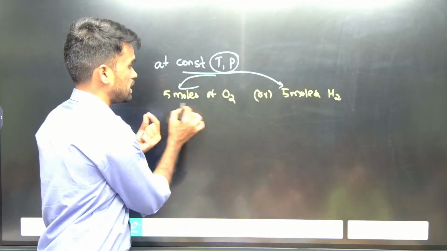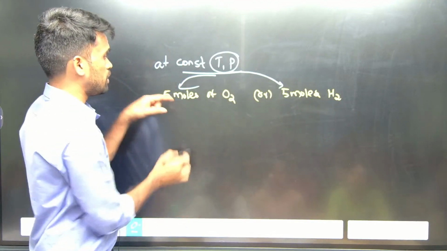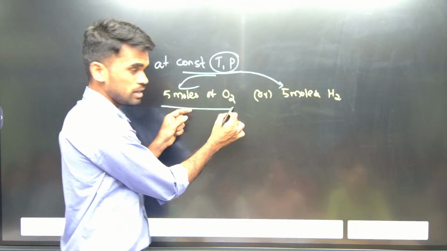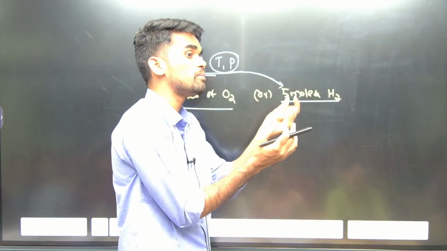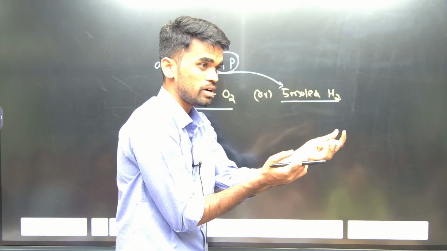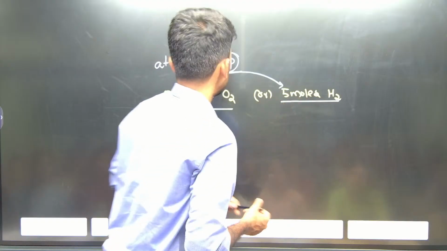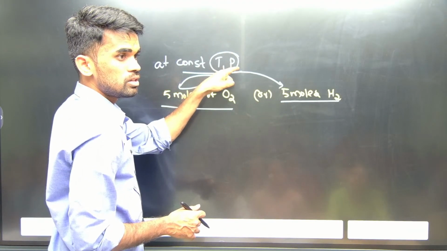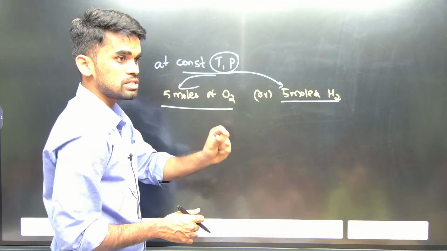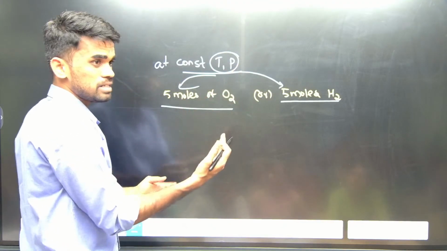For example, 5 moles of O2 I am taking, 5 moles of H2 I am taking. So they contain an equal number of molecules. If I change these values, the number of molecules also depends on the particular volume.